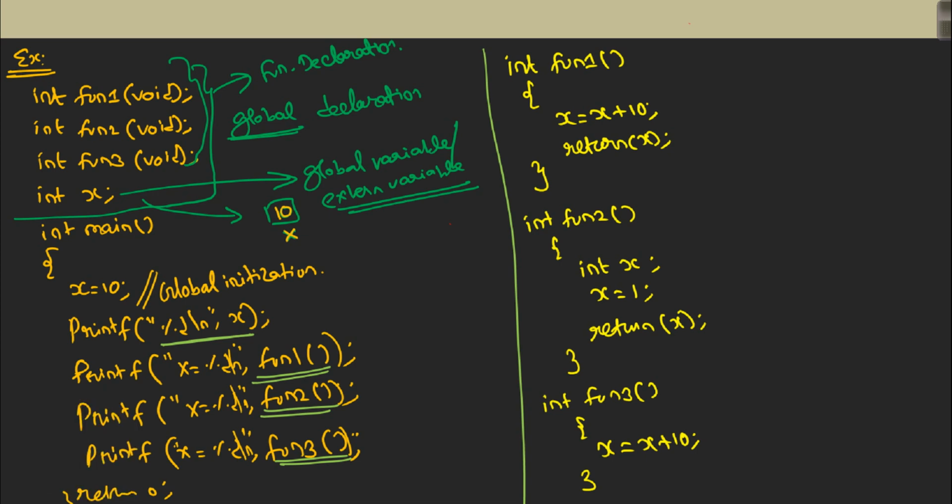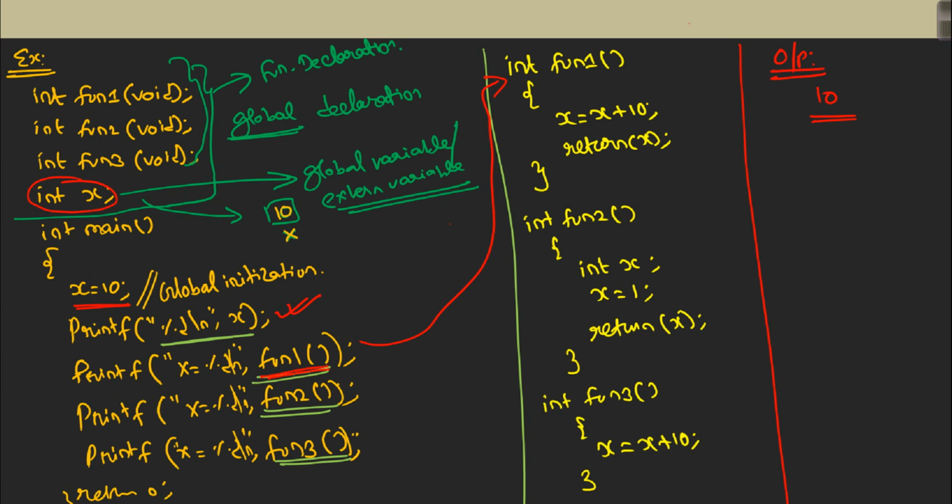What will happen now? Initially, the compiler will see the main function and see that x equal to 10. Yes, it is declared in the global section, and x equal to 10, printf. So the output you are going to get is 10. Obviously, here the output will be 10. And then in the printf you are calling function 1. So the control will go to this place.